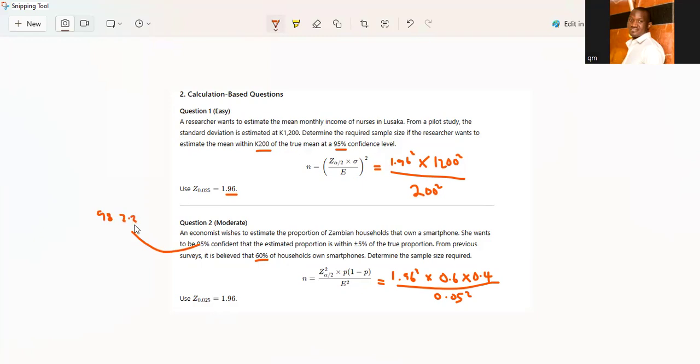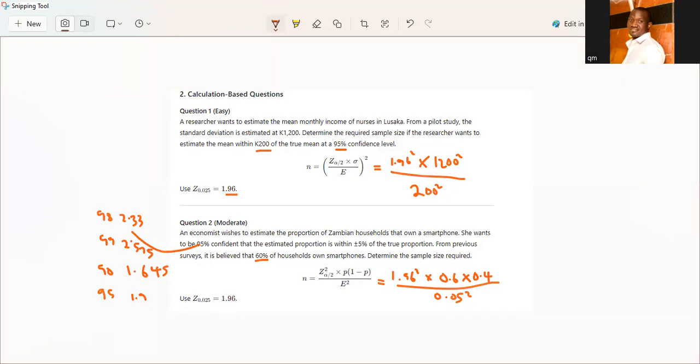If it was 99%, our Z would be 2.575 or 2.576. If it was 90%, 1.645. What if it was 95%? 1.96, as has been shown here. Are we together? Are we following?